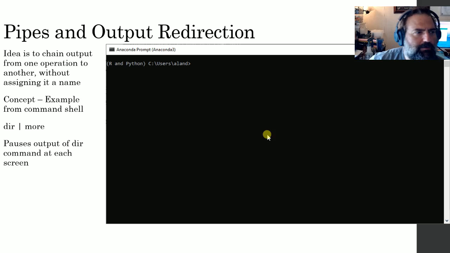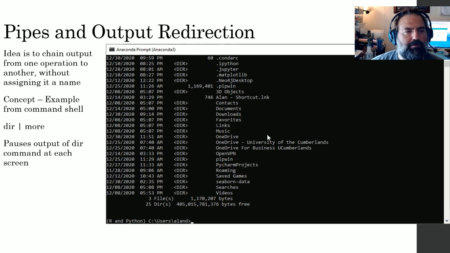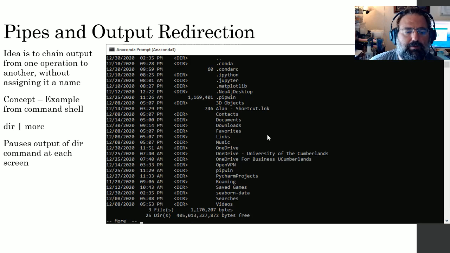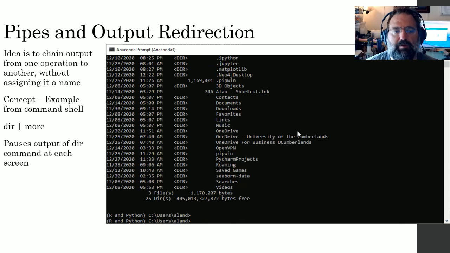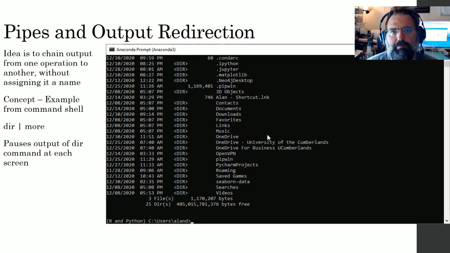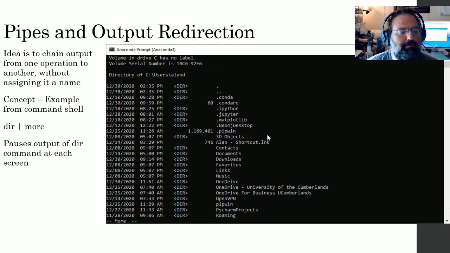So moving on to pipes and redirection of outcome. The basic idea is whenever you run a command, there are several things that can happen with the results of that command. One approach is you write it to something. The example I'm using here is going out to a command prompt and using good old DOS, or what was DOS once long ago and is now a command shell.